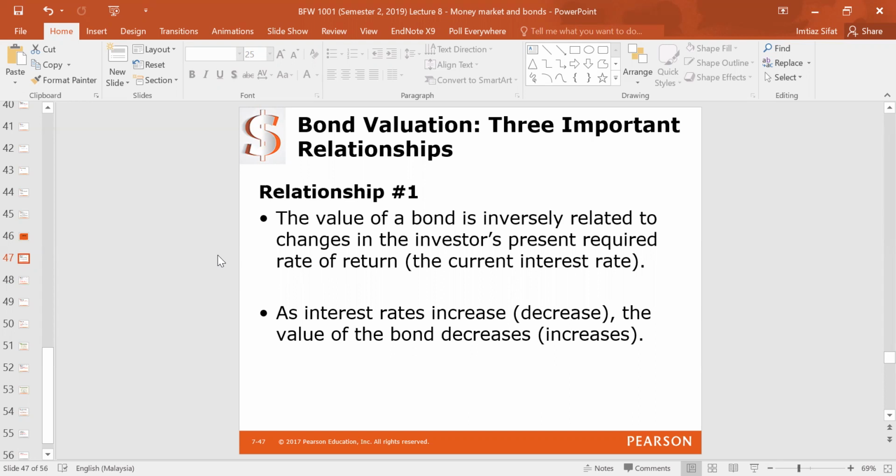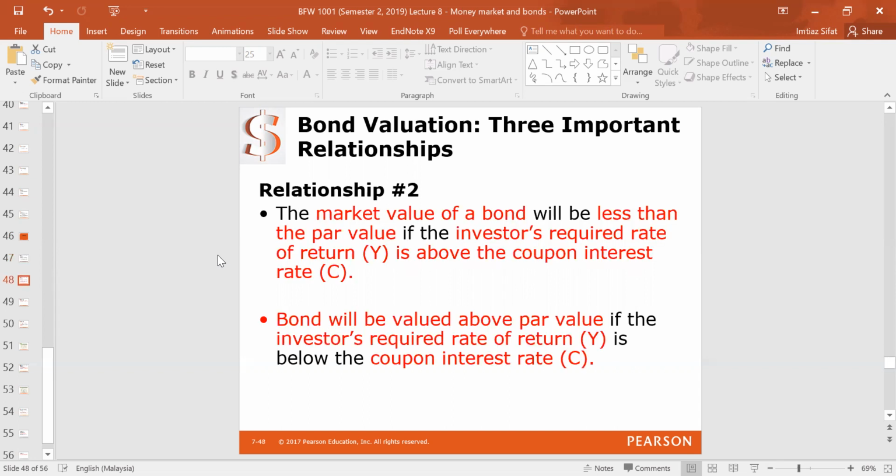This makes my bond more attractive to other people. They would be willing to pay a little bit extra, a little premium, to get access to my bond to earn that extra amount of yield. So that exemplifies how an inverse relationship exists between the current interest rate and the value of a bond, the attractiveness of a bond.